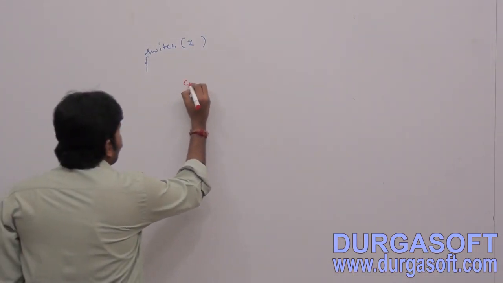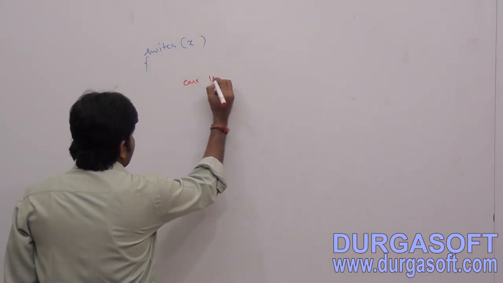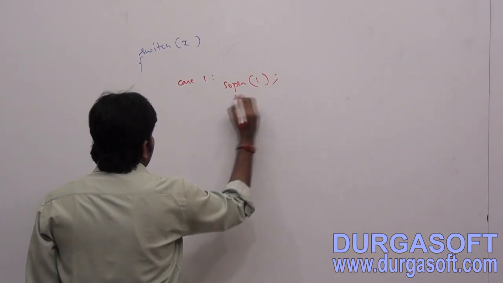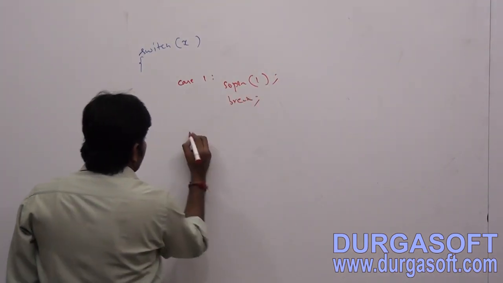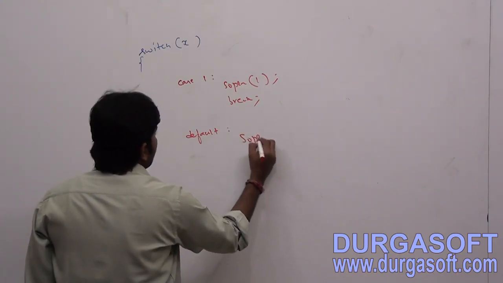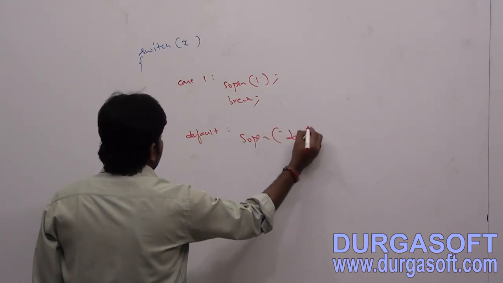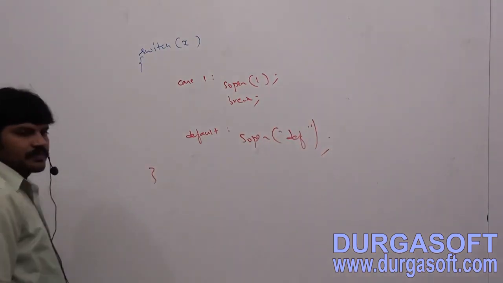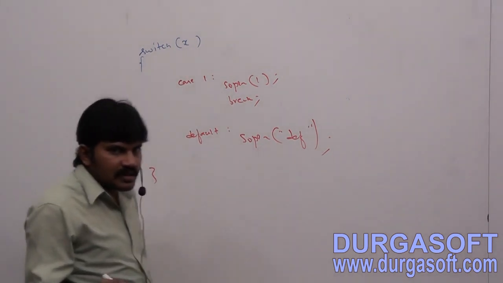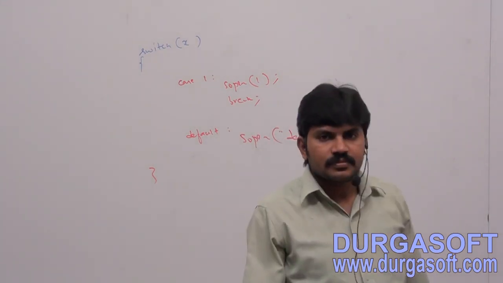Sir, here we have case. Case 1, System.out.println of 1, break. Sir, default, System.out.println of def, like I am taking, assume. Sir, among case and default, which is mandatory, which is optional?